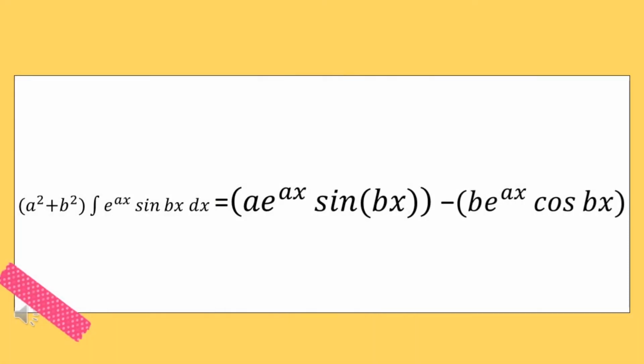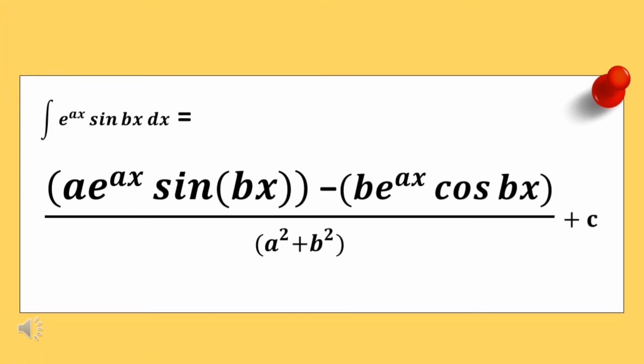And we get a square plus b square multiplied by integration of e^(ax) sin bx equal to a e^(ax) sin bx minus b e^(ax) cos bx.